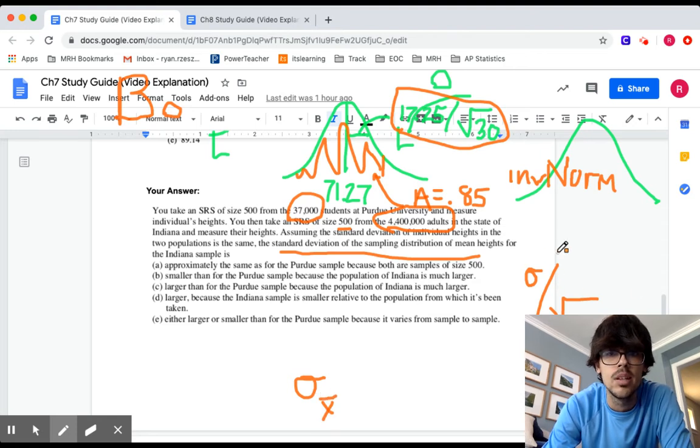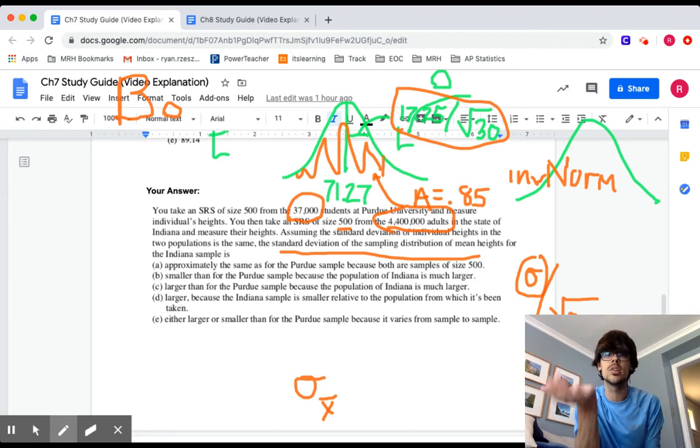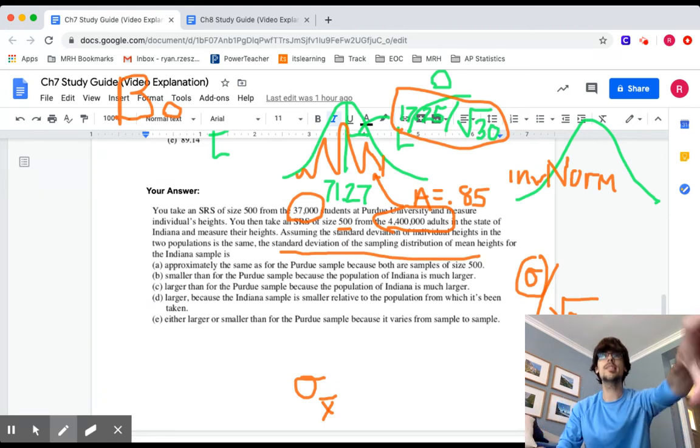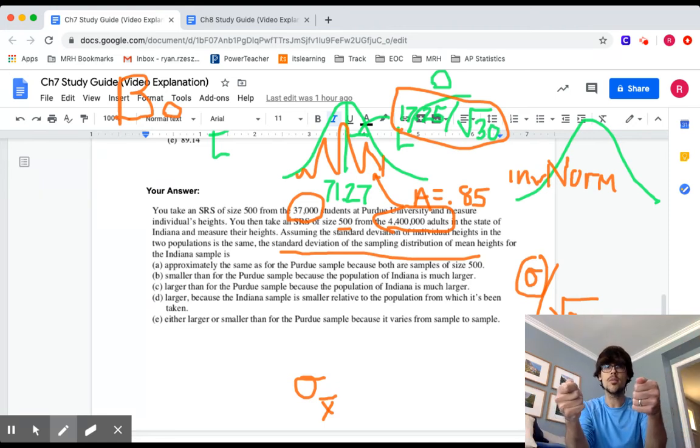So if those two things are the same, for both of those problems, I would divide to get my X bar's standard deviation, because they're asking about the standard deviation of the sampling distribution of the mean. That's this formula right here. I would take whatever this number is, which is said to be the same for both, and the sample sizes are both 500. So I would divide by the square root of 500. I'm still going to get the same answer for this one and for this one. Okay, this goes back to my ice cream thing. I have the same size scooper for each problem, scooper of size 500.